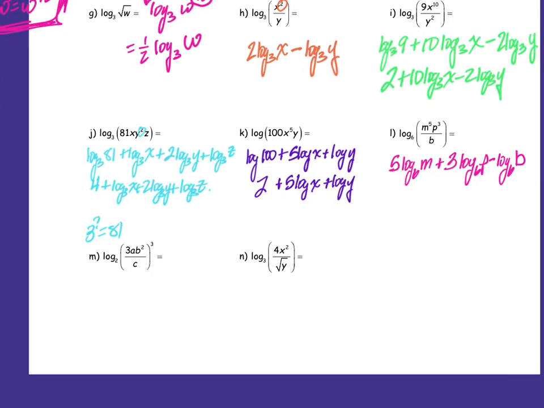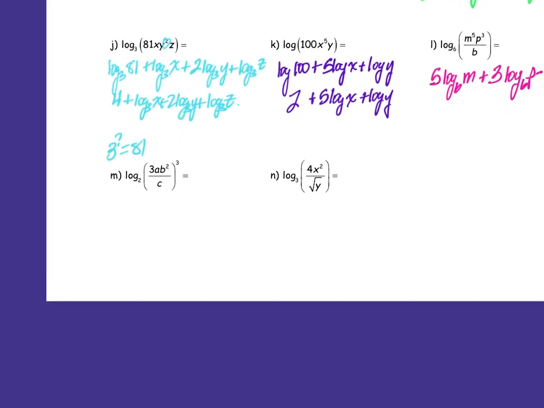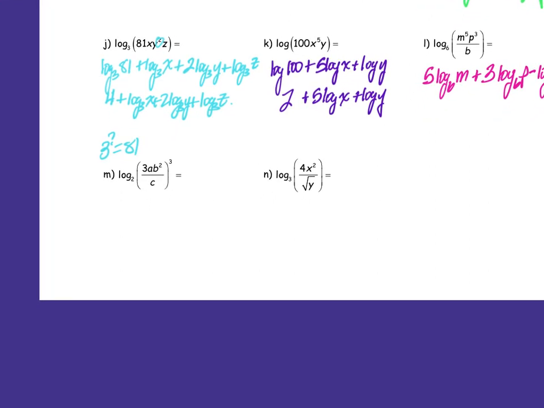So for m, I'm going to distribute or simplify my exponents first, before I expand. So this goes to everything in here, right? It goes to everything in there.